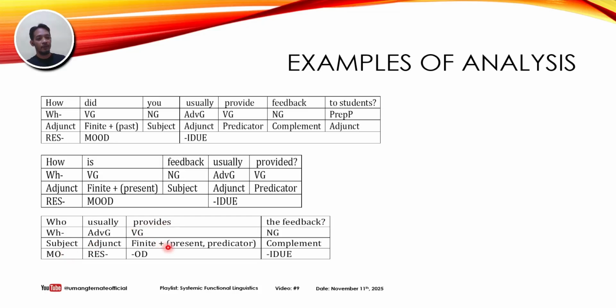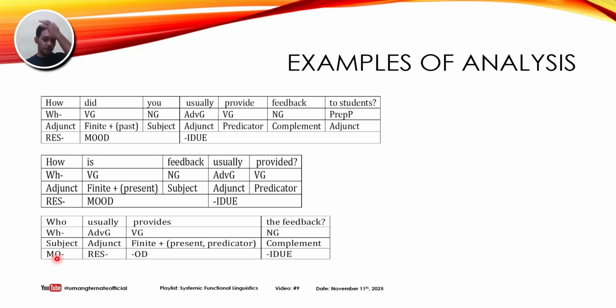And if you can see, there is no pronoun as subject like you here, because who is the content of the question. Who usually provides asks for information about the person who provides the feedback to students. Okay, I hope that this is clear to you.